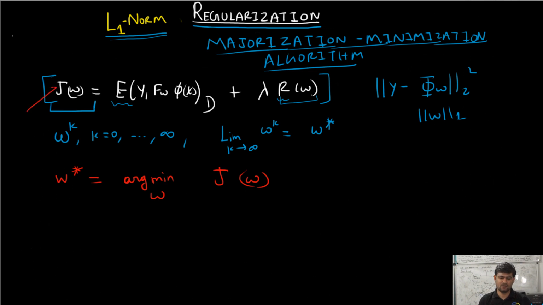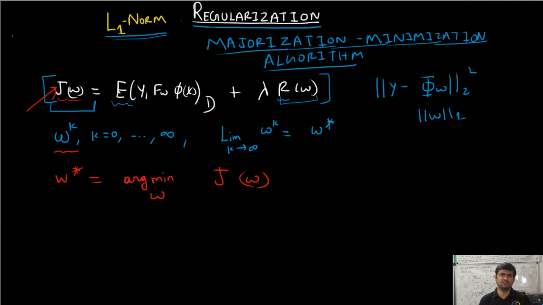For the initial optimization problem, we replace this loss function by a sequence of loss functions that are easier to minimize, and then we iteratively minimize that sequence of loss functions. By doing that, we generate a sequence of vectors.